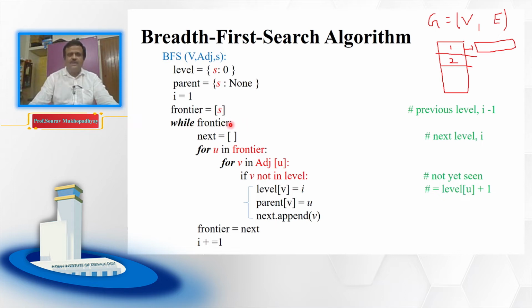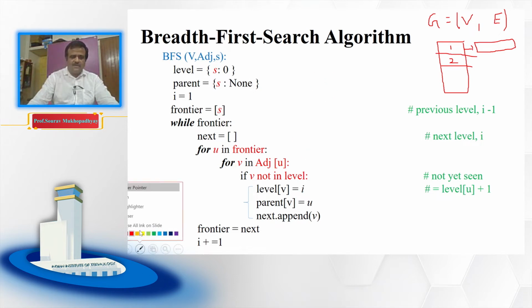Now, while frontier is not empty, because this is S, so it is not empty. We put next to be empty, and then we take a node from the frontier set. So, that is the first node S, because initially this is S. So, that is our U. Now, we consider all the nodes which are adjacent with this.